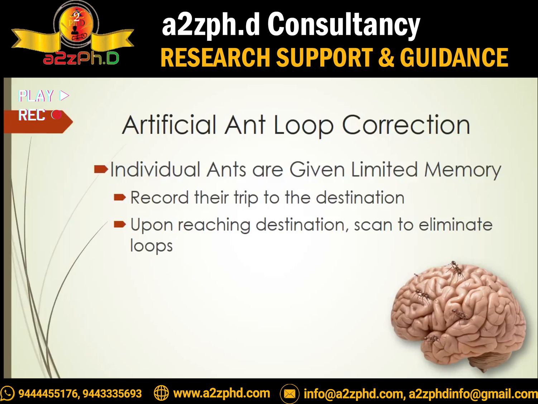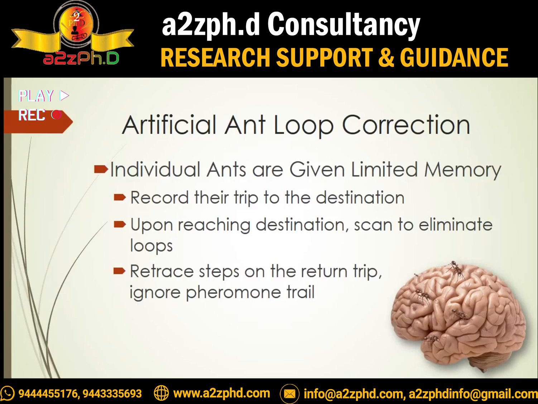And they do this by scanning over the nodes that they've passed over. If they passed over a node more than once, they can eliminate the block in between those repeat nodes. So they'll retrace their steps on the return trip, and they'll ignore the pheromone trail on the way back to the nest.